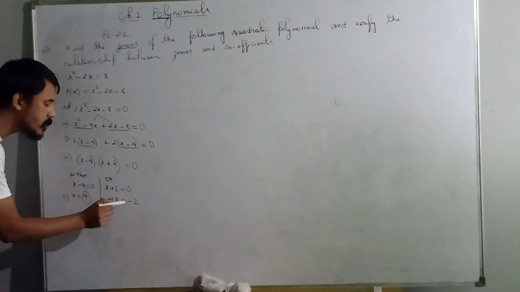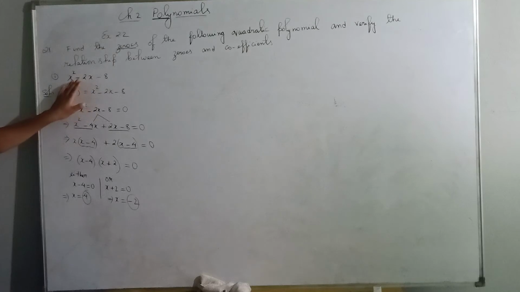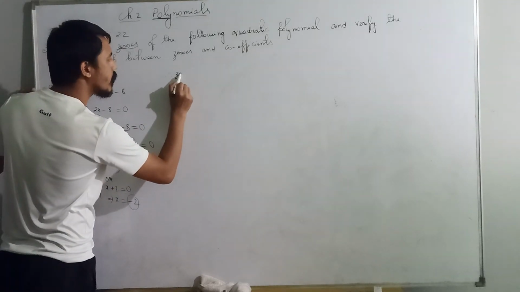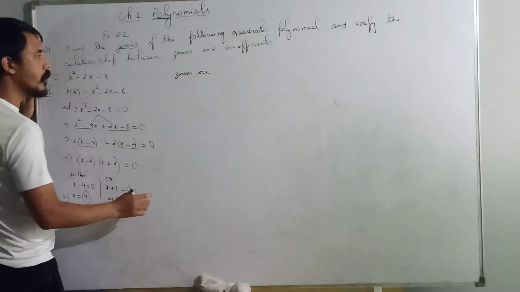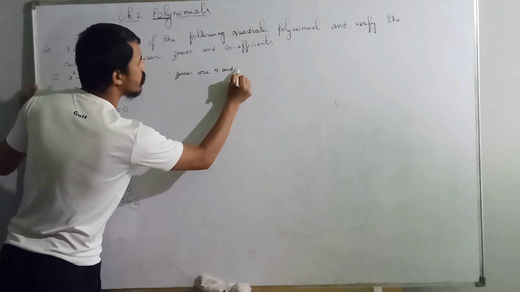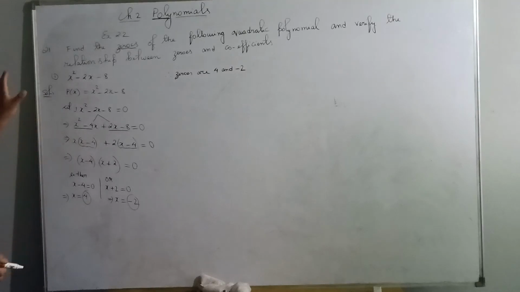These values of x are known as the zeros of the given polynomial. Therefore, 4 and minus 2 are the zeros of your polynomial.